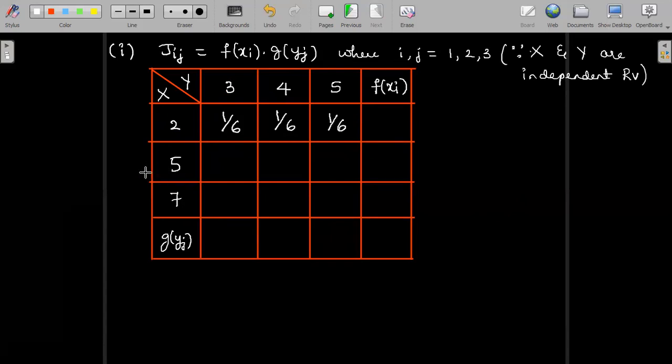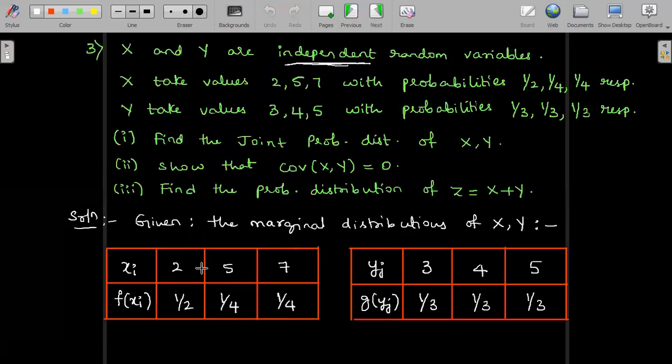Now we are varying the next value of x. I am taking the next value of x as 5. Its respective probability is f of x2, which is 1 by 4. f of x2 should be multiplied with every g of yj for the second row.